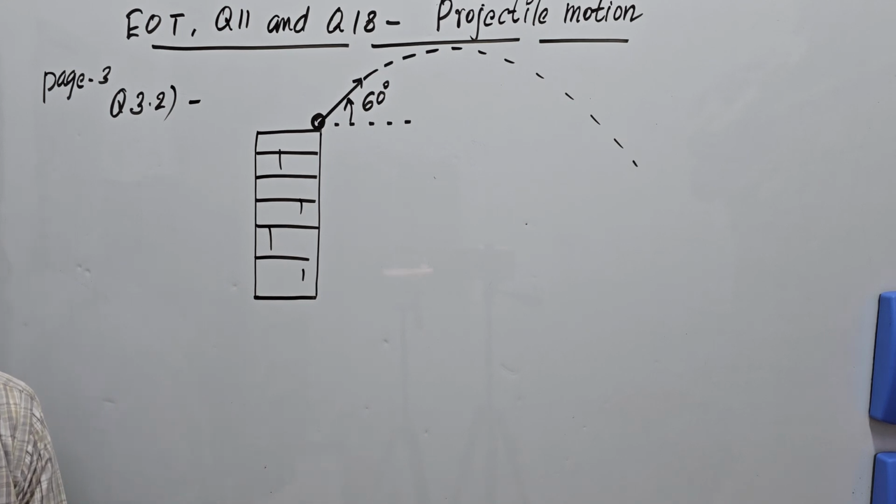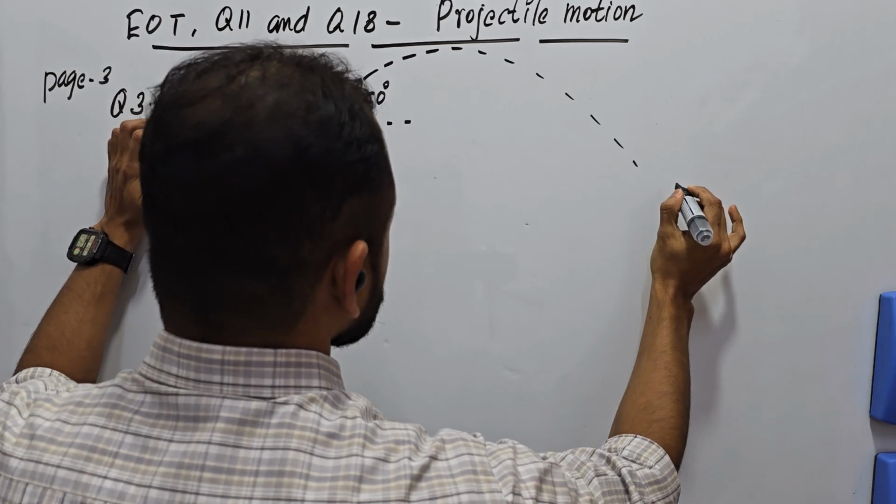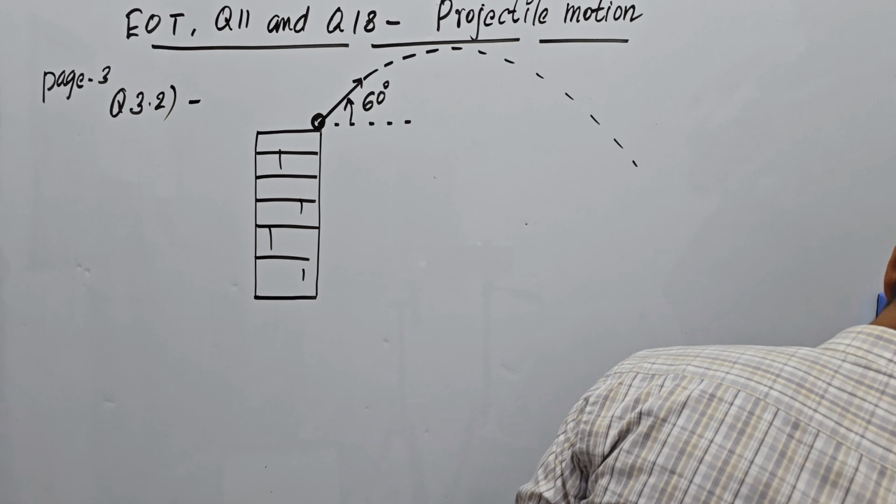We need to calculate the magnitude of its velocity at t equal to 5 seconds after the launch.